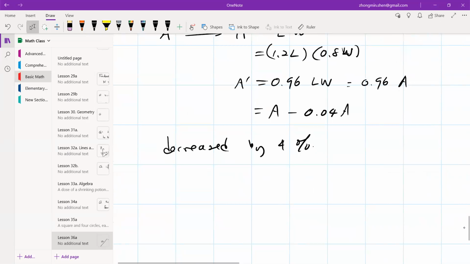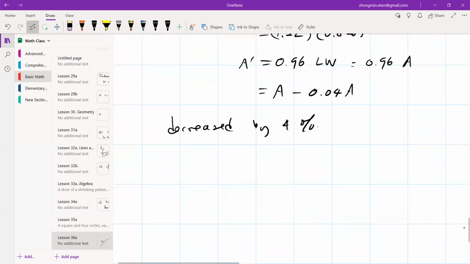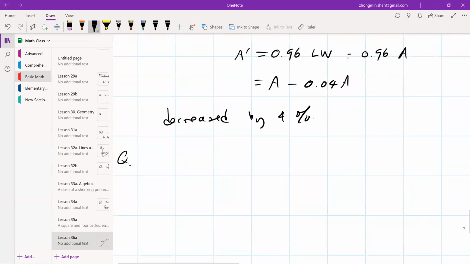Right, here's another one. It's about a rectangle. Rectangle EFGH is inscribed in rectangle ABCD. It goes like that.